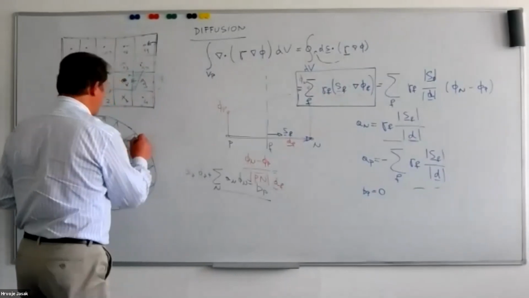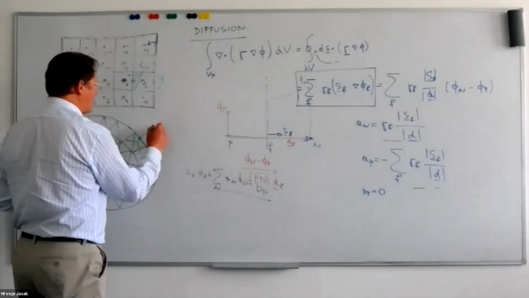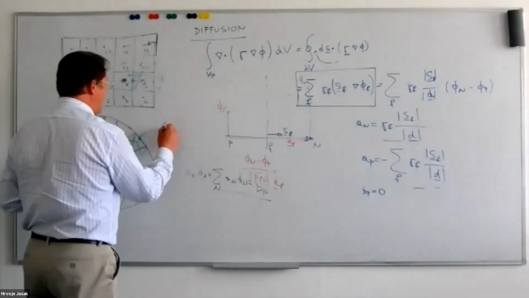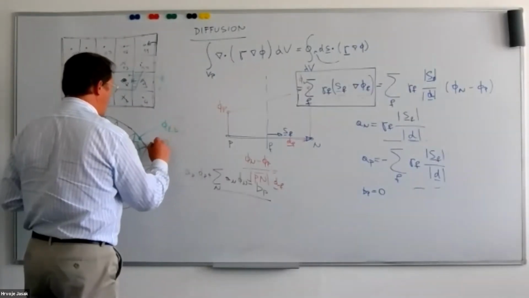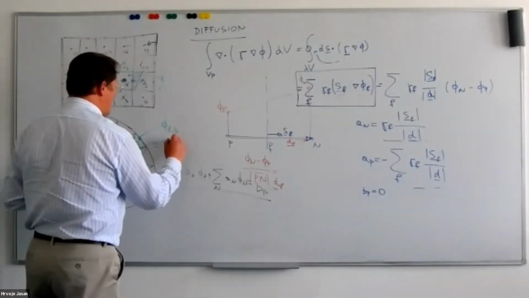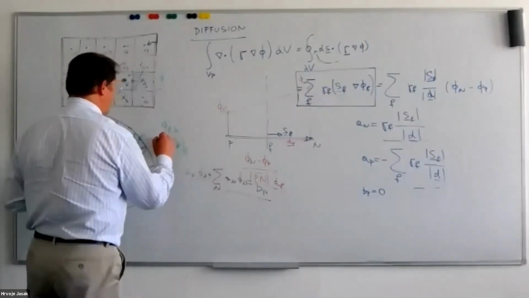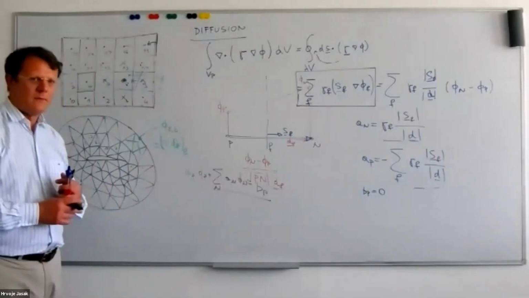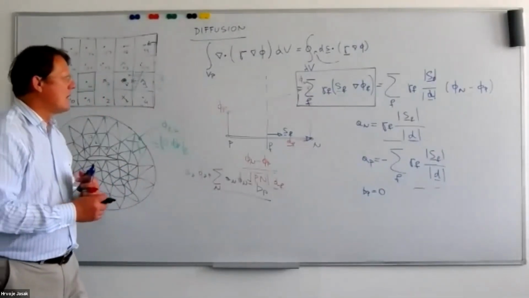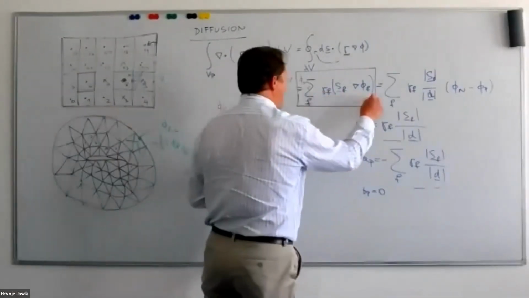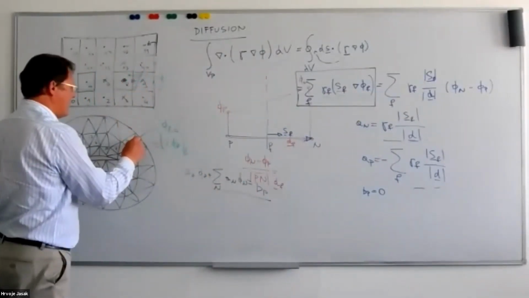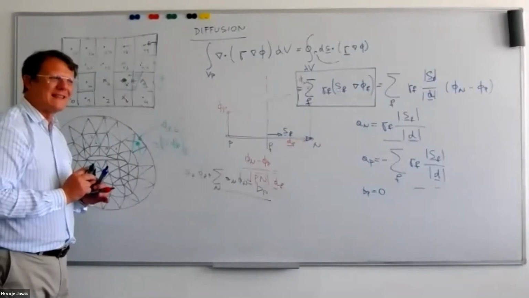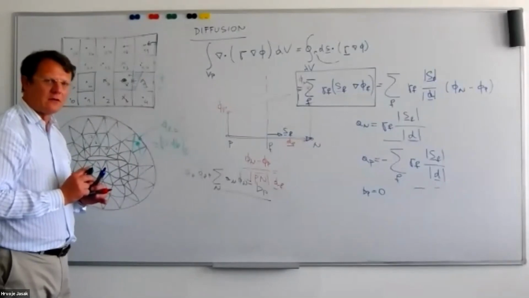Whereas for the final face, I am going to have either the value on the boundary or n dot grad phi f at the boundary. Therefore, my boundary conditions will contribute directly to either the source, meaning bP, or the diagonal term of the matrix.